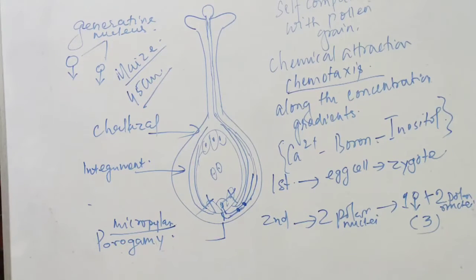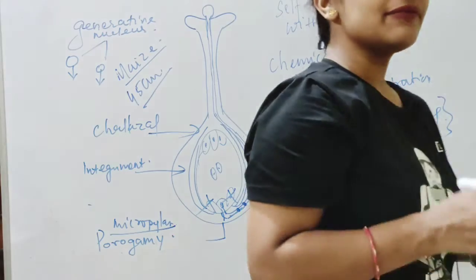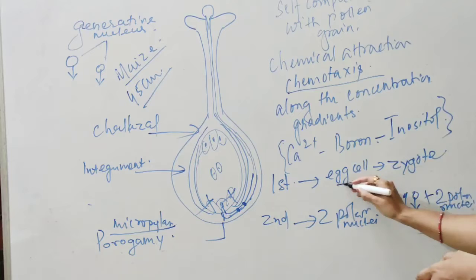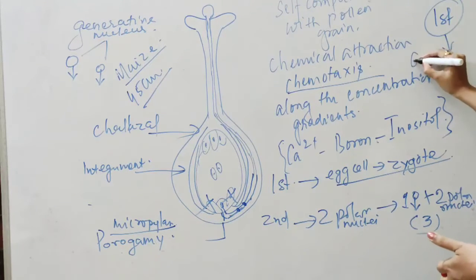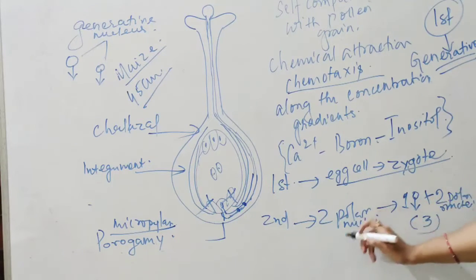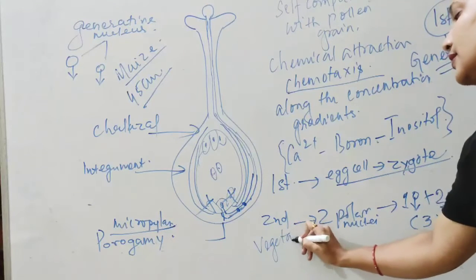Now this is the reason why exactly two types of fertilization are seen over here. In one, the egg cell fuses with the male gamete to give you the zygote, and this type of fertilization is referred to as generative fertilization, while the second one is called vegetative fertilization.